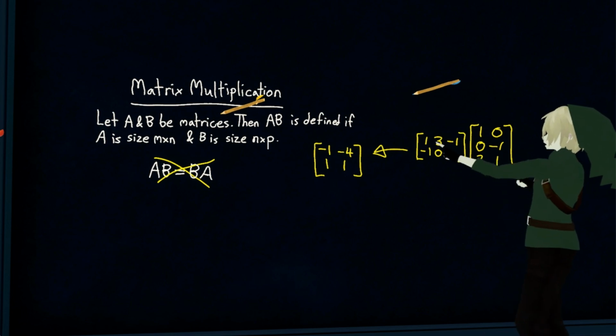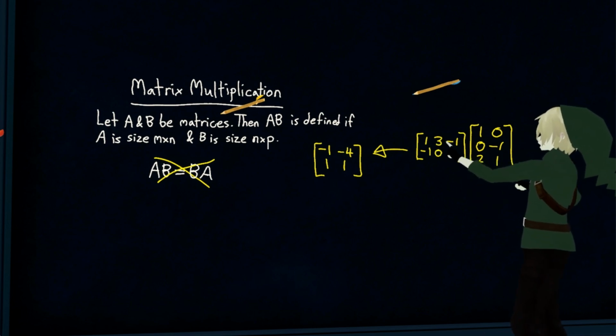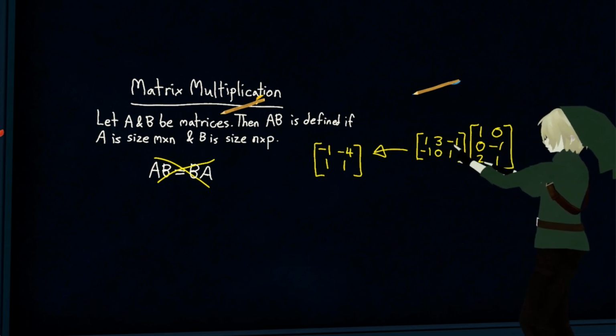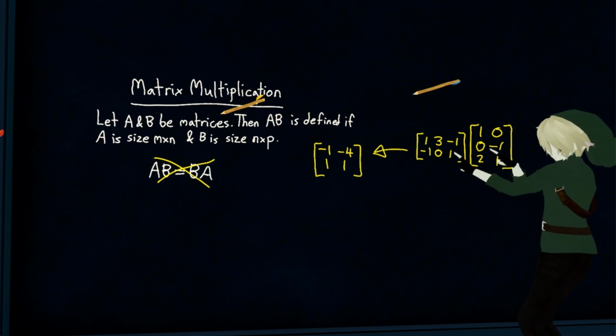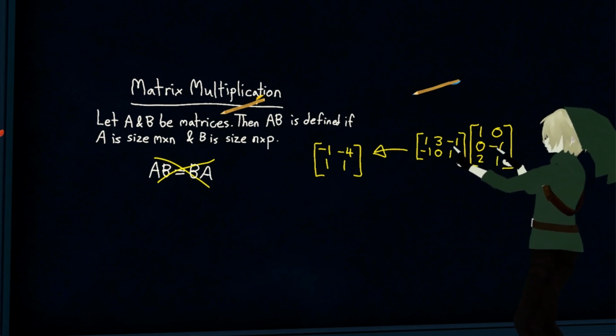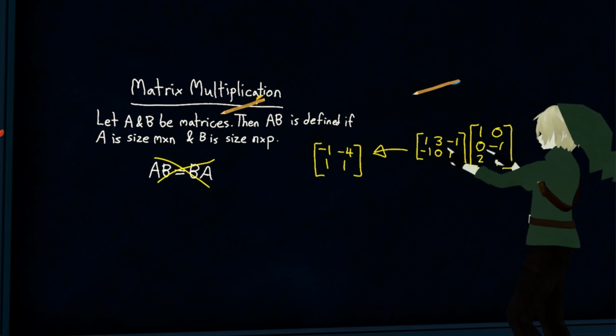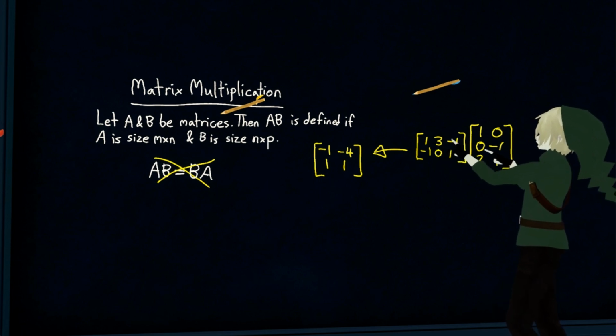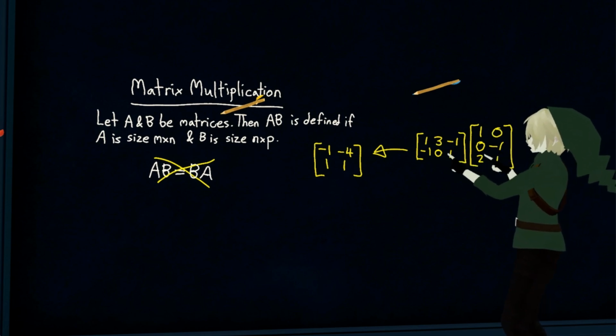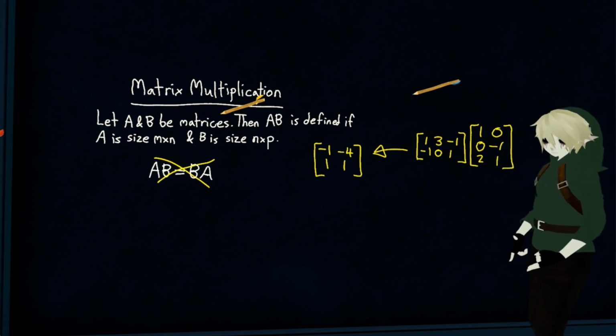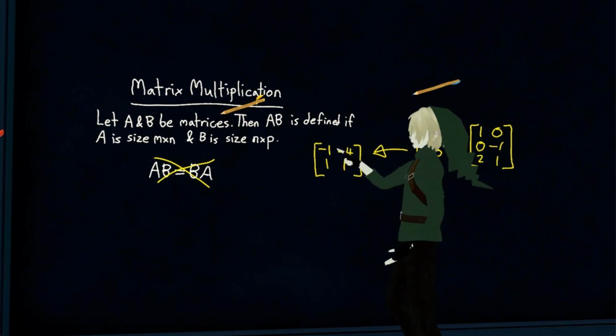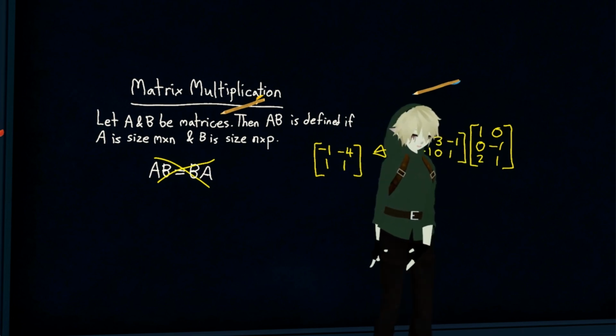So if I'm going here, 1 times 1 plus 0 times 3 plus -1 times 2, we add those together, and we put that answer at first row, first column.